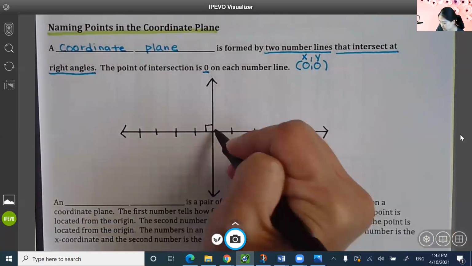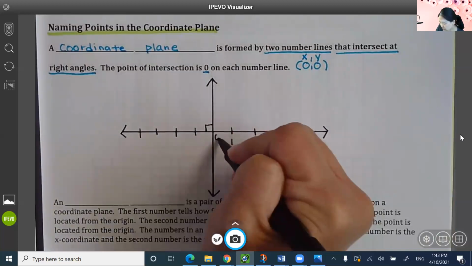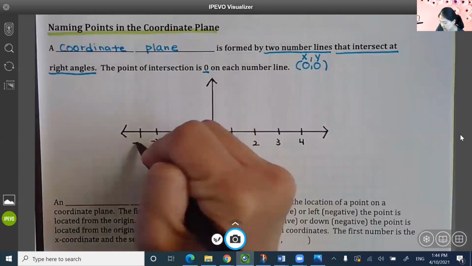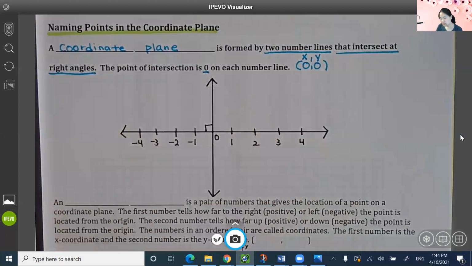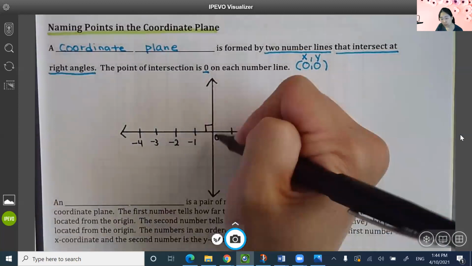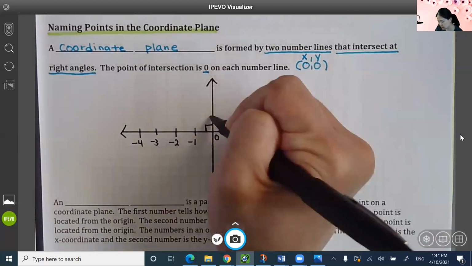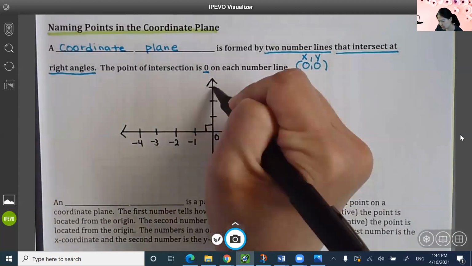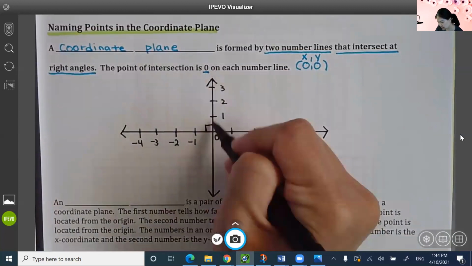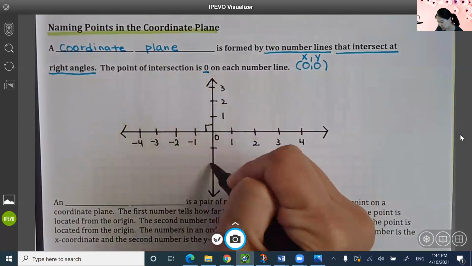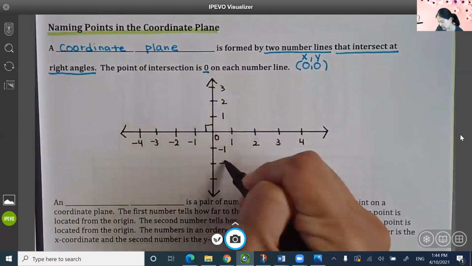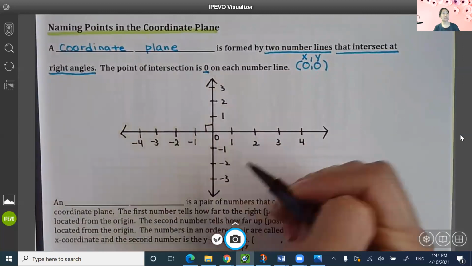Here is 0. And then -1, -2, -3, and -4. I'm going to do the same thing going up and down, but I don't think I have enough space to do 4. So I'm just going to do maybe 3 and number them 1, 2, 3. And also going down equidistant. So 1, 2, 3. And label them -1, -2, and -3.